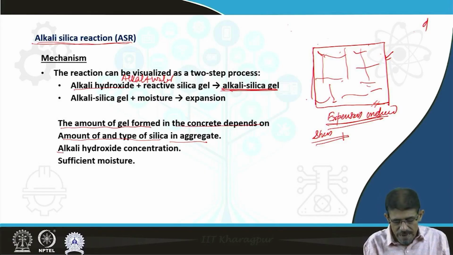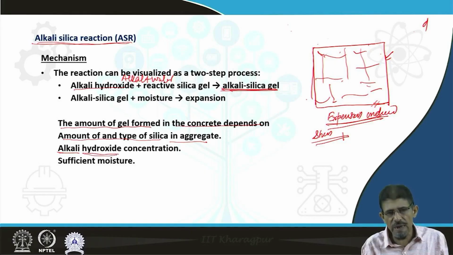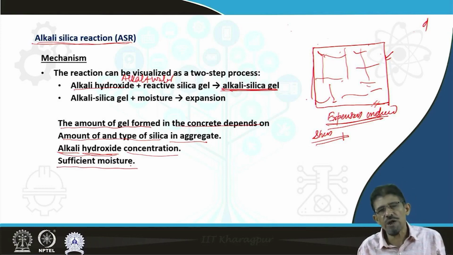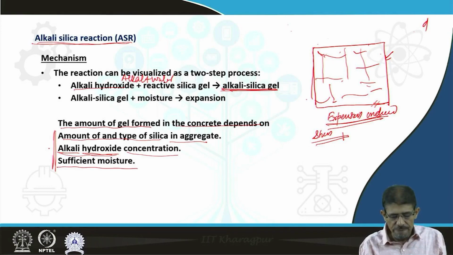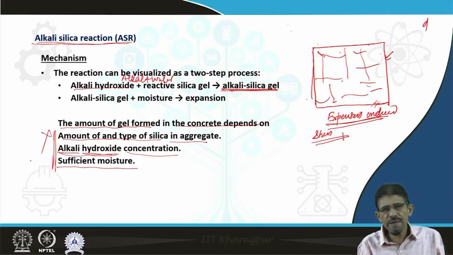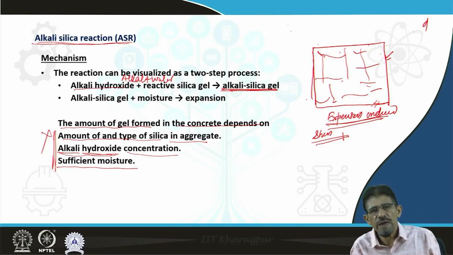Then the alkali present in cement, and the main thing we are concerned about is the alkali hydroxide. So the alkali hydroxide concentration in cement paste, and the availability of moisture. Among these three, if we cut anything, then there is no alkali silica reaction, and we will utilize this concept in our discussion of control measures.